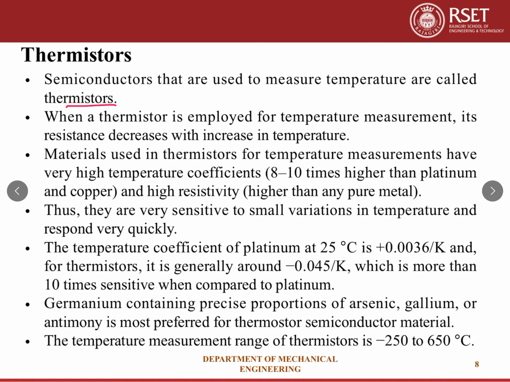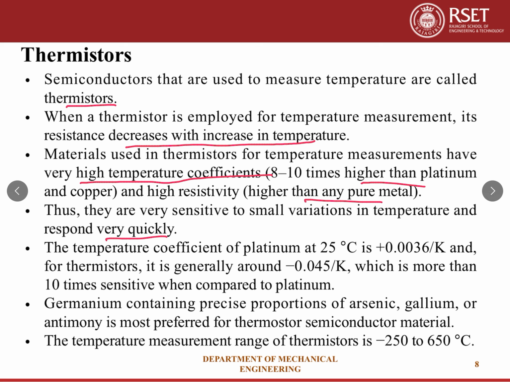When a thermistor is employed for temperature measurement, its resistance decreases with increase in temperature. The material used in thermistors has a very high temperature coefficient, 8 to 10 times higher than platinum and copper, that is metal, and high resistivity, higher than any pure metal. Thus, they are very sensitive to small variation in temperature and respond very quickly.